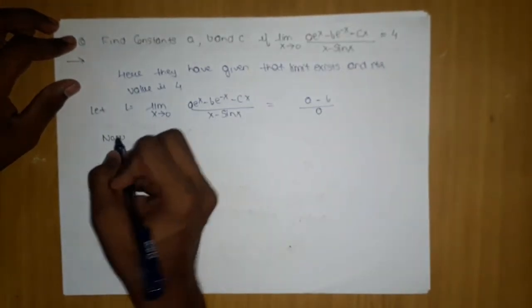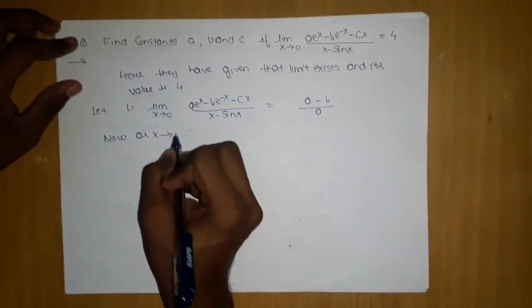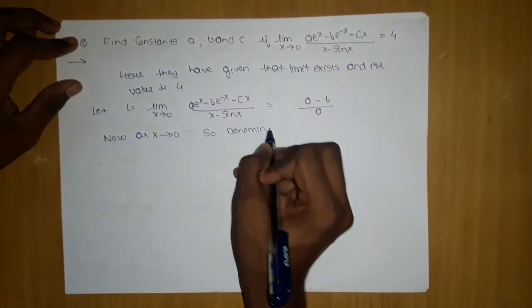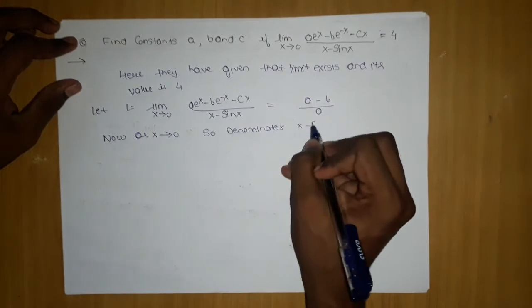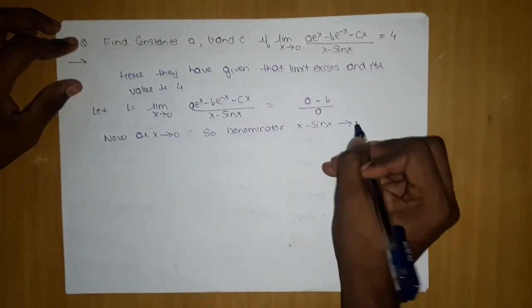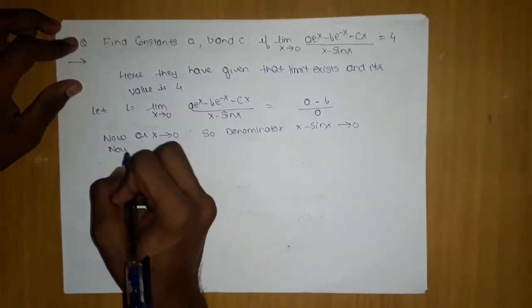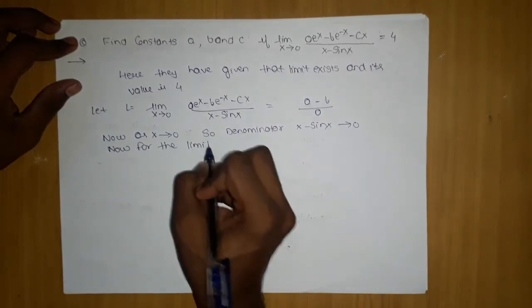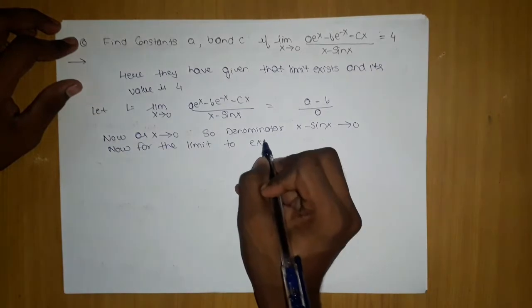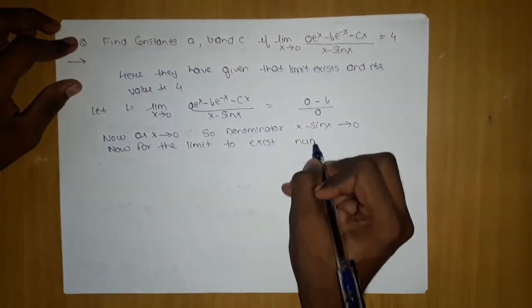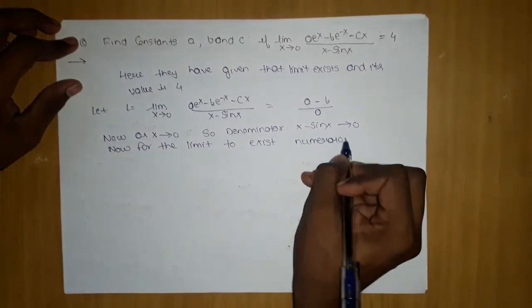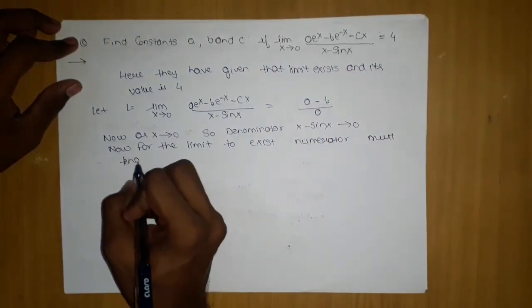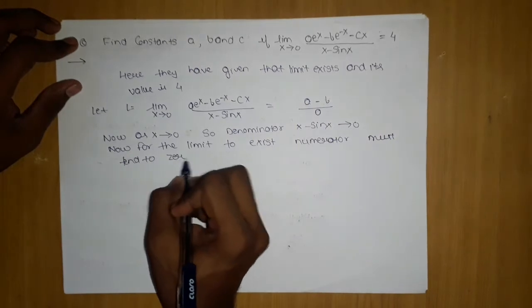Now as x tends to 0, the denominator x minus sin x tends to 0. For the limit to exist, the numerator must tend to 0.